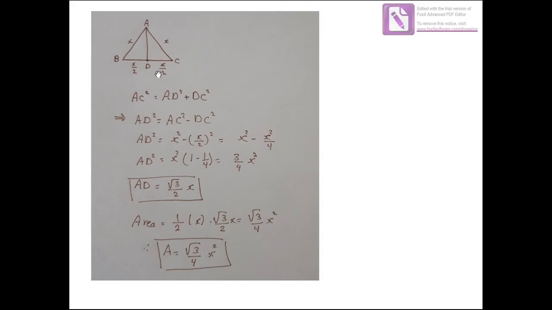AC تمثل الإكس، إذا AC سكوير بتصير X سكوير minus DC سكوير. DC عبارة عن X over 2، إذا DC سكوير عبارة عن (X over 2) all سكوير.